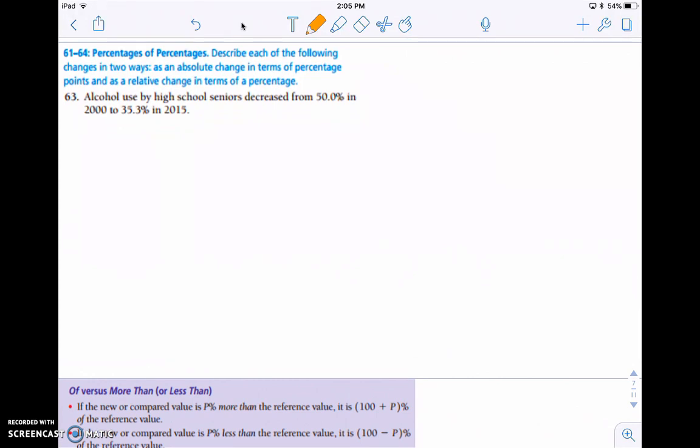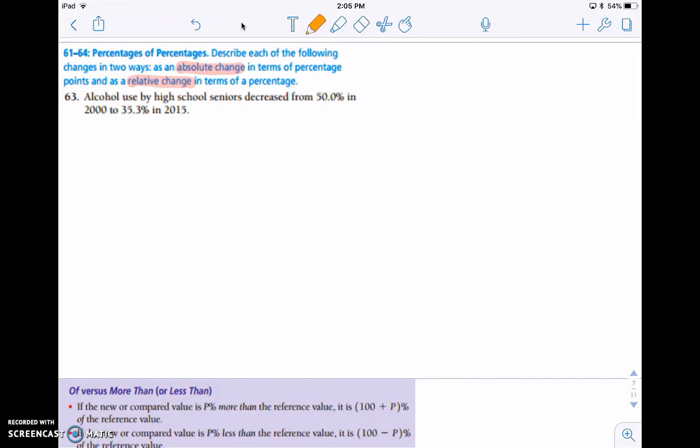In this next one, we are going to again describe this in two ways, as an absolute change and then a relative change. And so we're going to look at alcohol use by high school seniors decreased from 50% in 2000 to 35.3% in 2015.